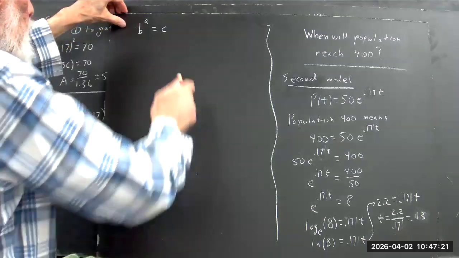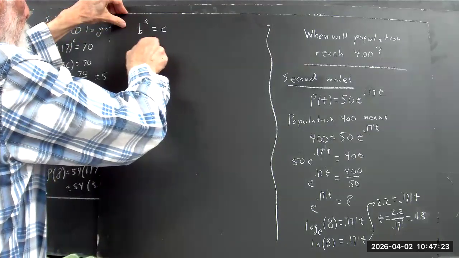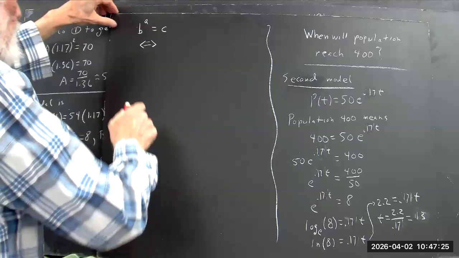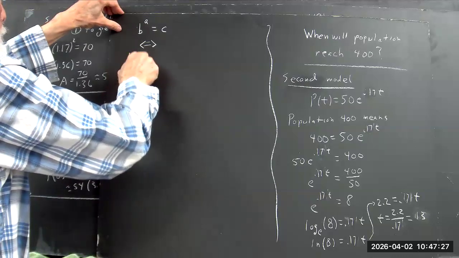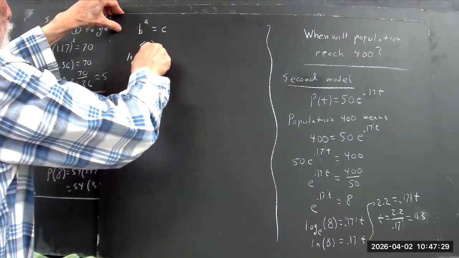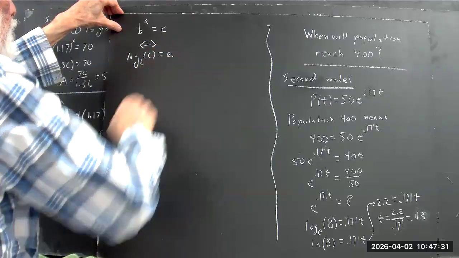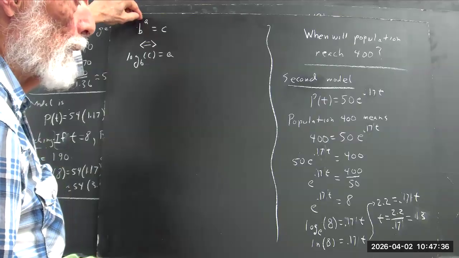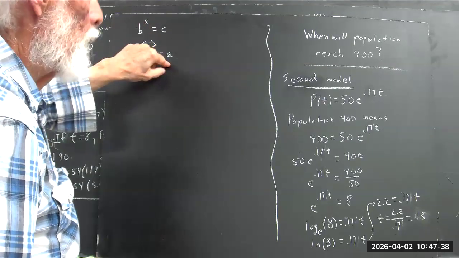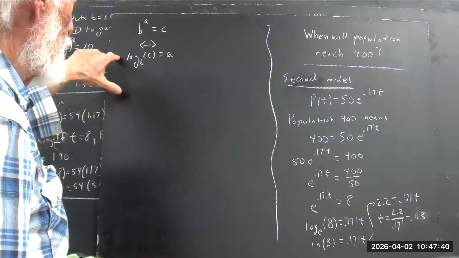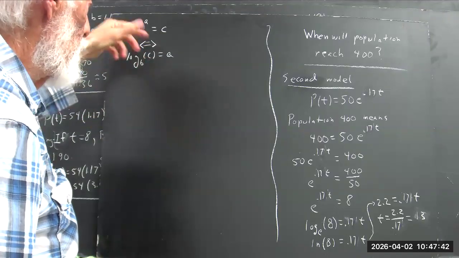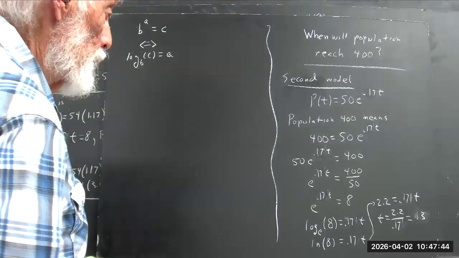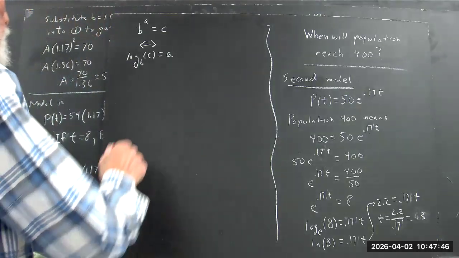The equivalence only applies to this form, and the equivalent statement is log base b of c equals a. That gets the thing you want to solve for, which is in the exponent, down here where you can evaluate it. And then the log base b of c, if you have numbers for b and c, you just plug them into your calculator.